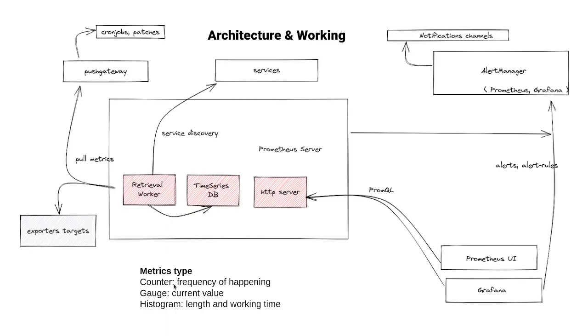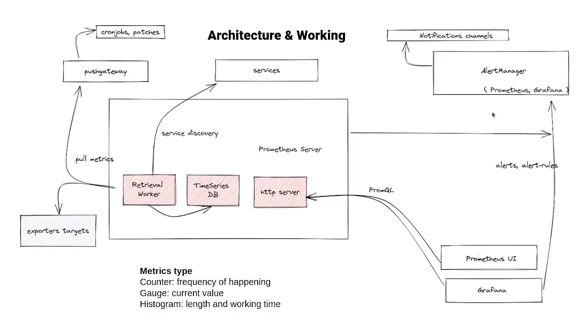When you use the counter type of metric, we know how often, or the frequency, of the happening of the event that is being monitored. Gauge is the current value of the metric. Histogram is actually a range or a time period from which the current value is being given.